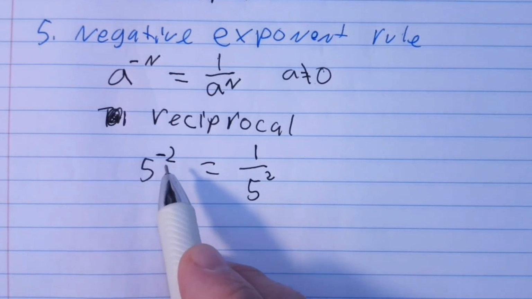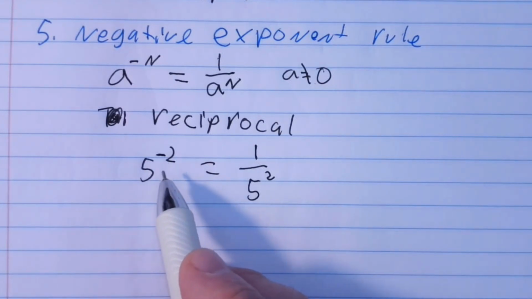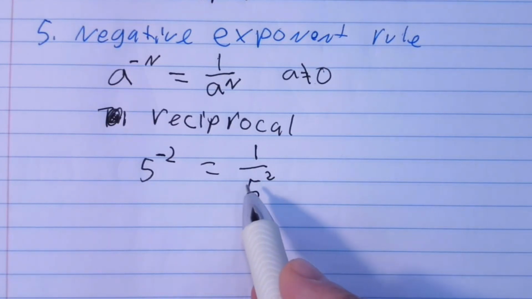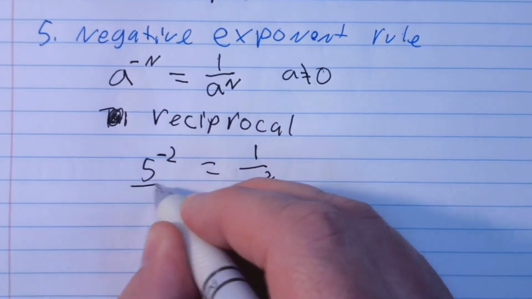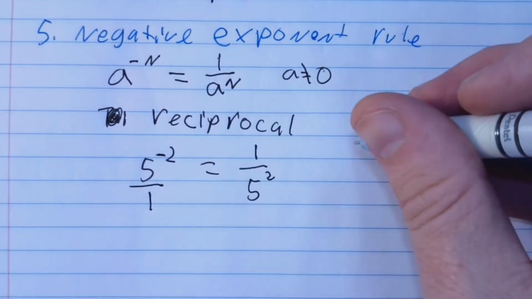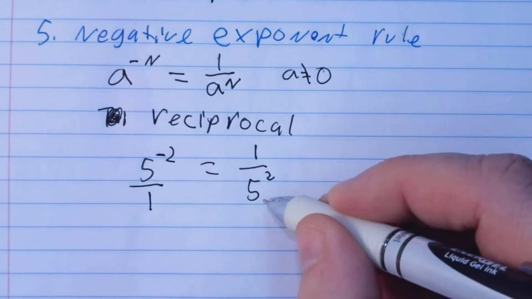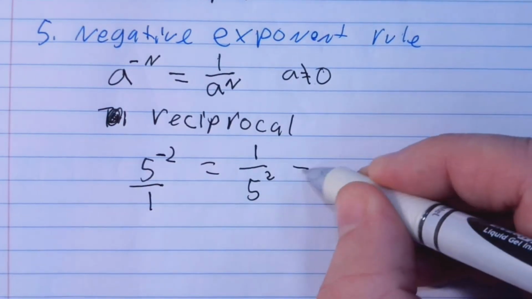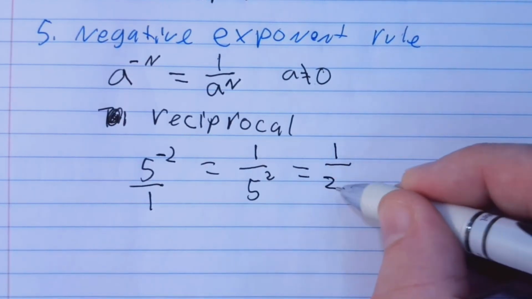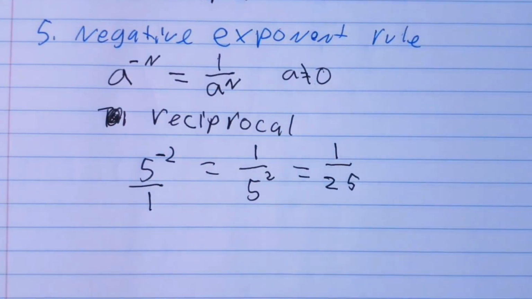The negative doesn't mean what it normally means fully. It basically means to flip your number here. Or, as I like to say it, everything basically is a fraction, right? So it means if it's on top, go to the bottom. And then I know how to do this, so that would be 1 over 5 squared, which is 1 over 25. Okay.